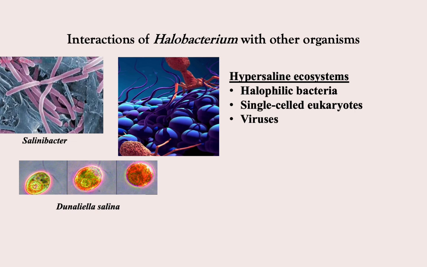So does Dunaliella salina, the unicellular green algae that turns orange under abiotic stress. And most surprising, the haloviruses, which actually infect Halobacterium. Now, if you remember, Archaea are not known to cause any diseases in humans, animals, or plants, but this doesn't mean that they're immune to viruses.